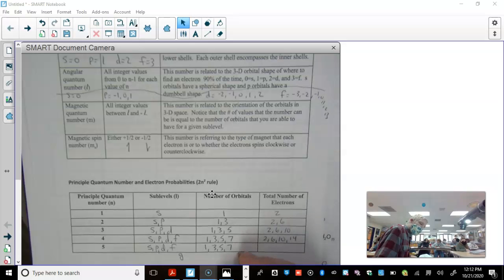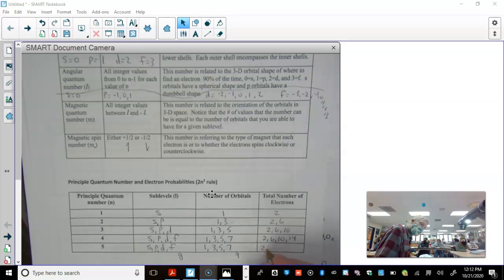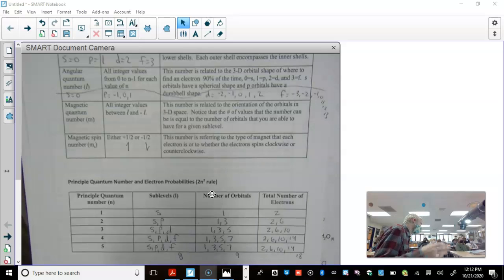It would have 9, you got it. And then you're correct, 18 electrons. I'm just putting it down there to show that those would be in an excited state or theoretical.